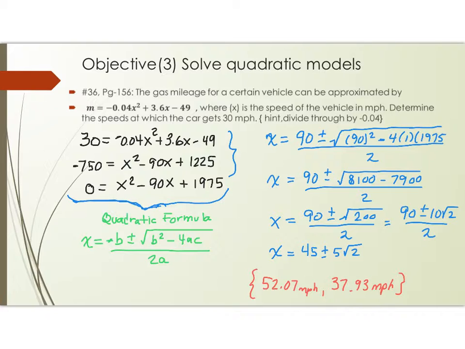So the hint is we're going to divide through by negative 0.04. So here we set up the equation initially in the black. So we have 30 is equal to a negative 0.04x squared plus 3.6x minus 49.